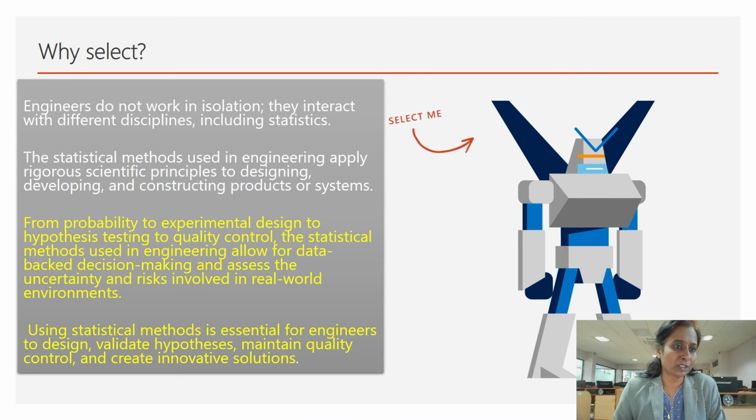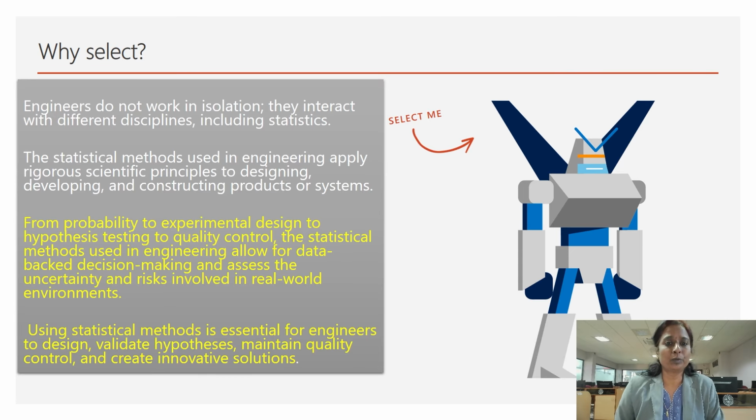So if you look into statistics, engineers do not work in isolation. They interact with different disciplines, including statistics. From probability to experimental designs to hypothesis testing to quality control, the statistical methods used in engineering allow for data-backed decision making and assess the uncertainty and risk involved in a real-world environment.